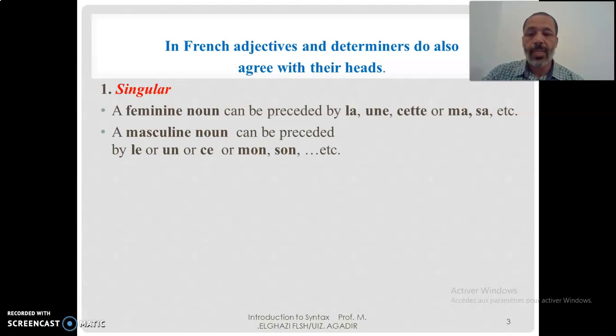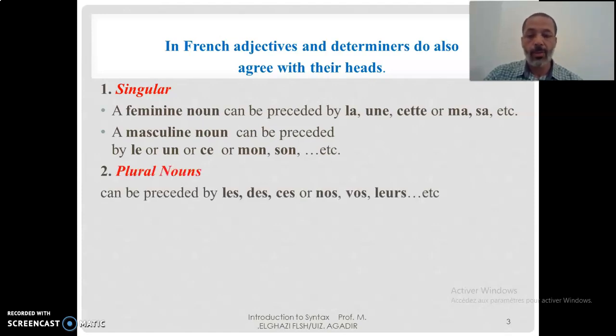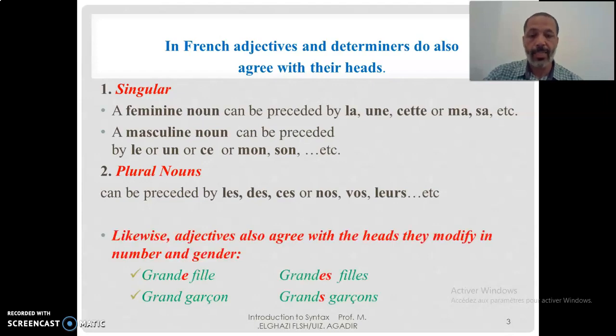A masculine noun can be preceded by le, or un, or ce, or mon, or son, etc. The plural forms can be preceded by les, des, ses, nos, vos, leur, and so on, which means that what we call articles or determiners in English, which are neuter and don't agree with their heads, in French, on the contrary, agree with the head they modify.